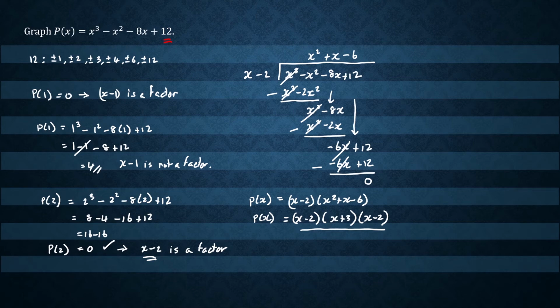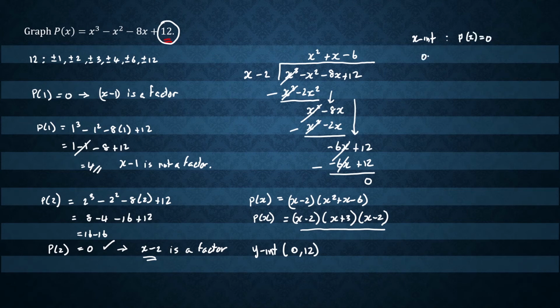We note from the original question that the constant term is 12. So this is actually your y-intercept. So your y-intercept is going to be the point (0, 12). So when x equals 0, y will be 12. So that's your y-intercept. Your x-intercept can be gotten by letting P(x) equal 0.